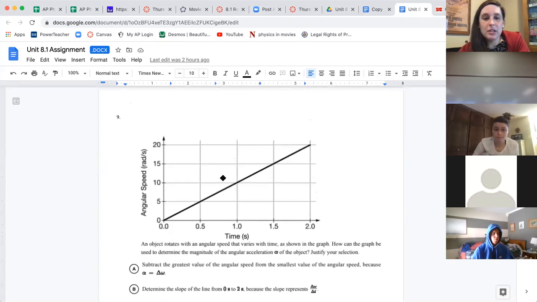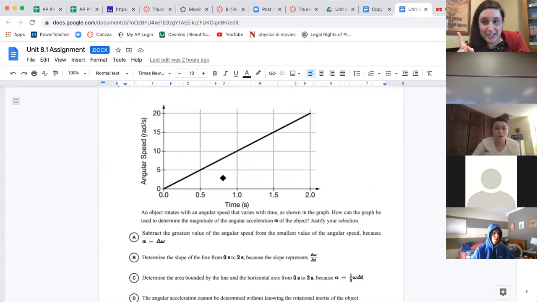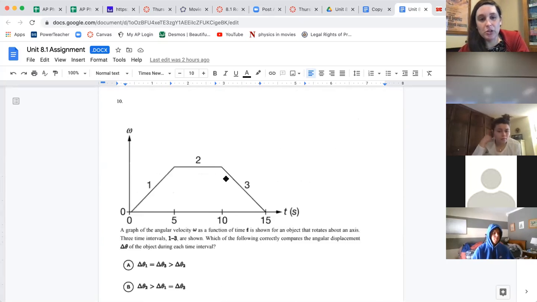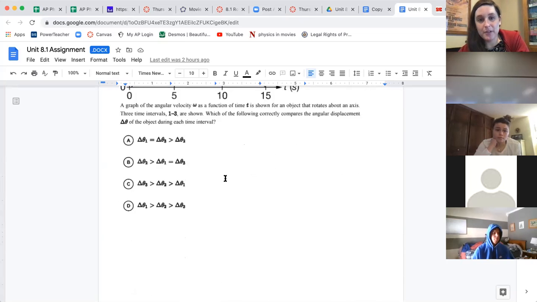And then I have, just as we did a little bit of looking at a graph and reminding ourselves what all the pieces of a kinematics graph will tell us, I've got a couple questions for you that deal with graphs.